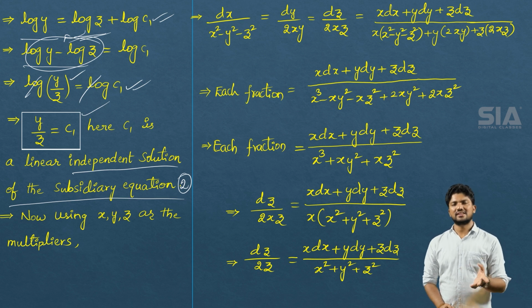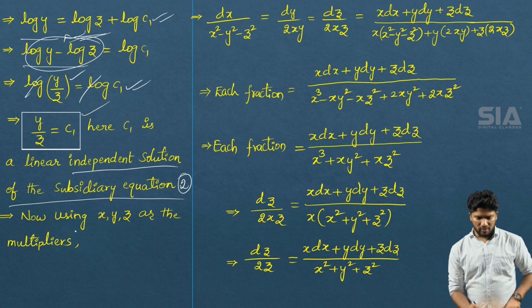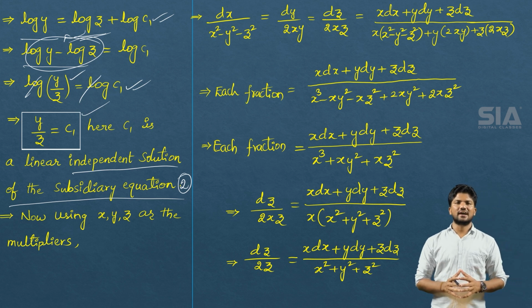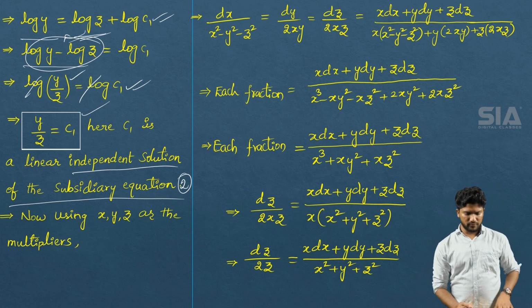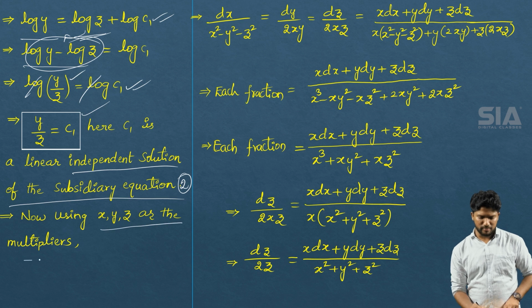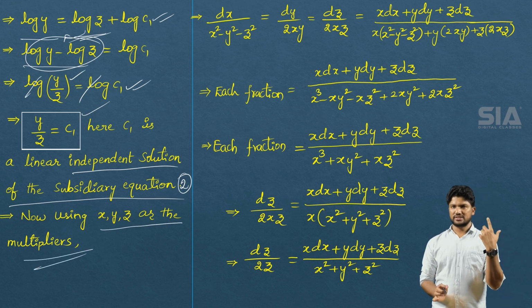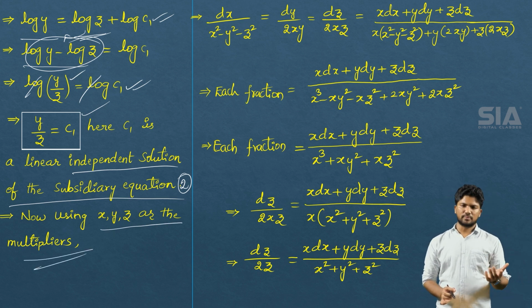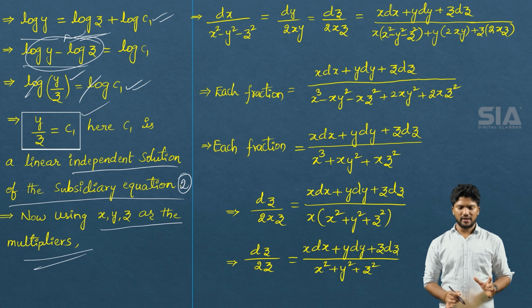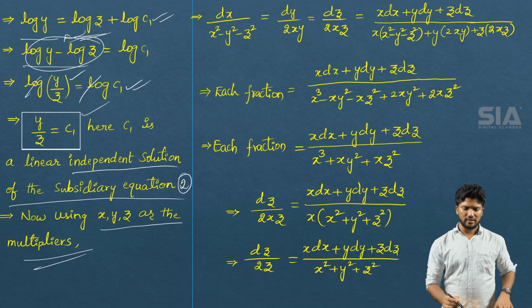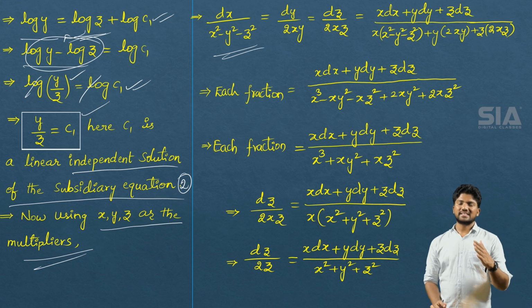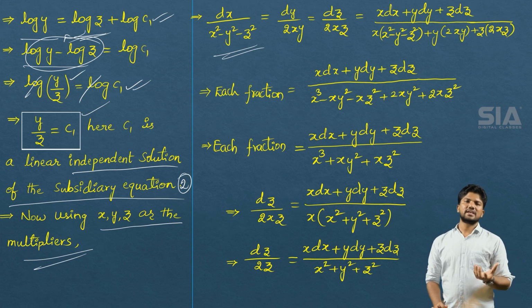Next we have to derive the second solution. To derive it, we are going to use Legendre's multipliers, using x, y, z as the multipliers. In the first unit we discussed problems based on this method, the last problem of the first unit, a very important method, where we discussed total differential equations.